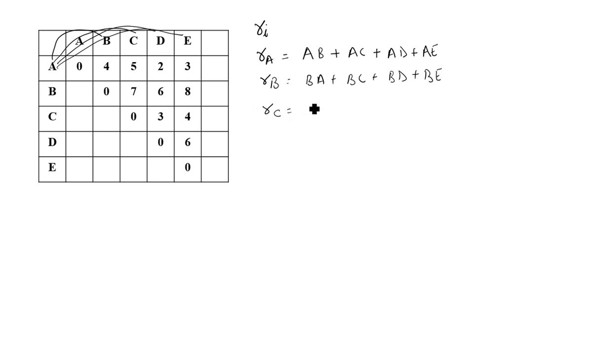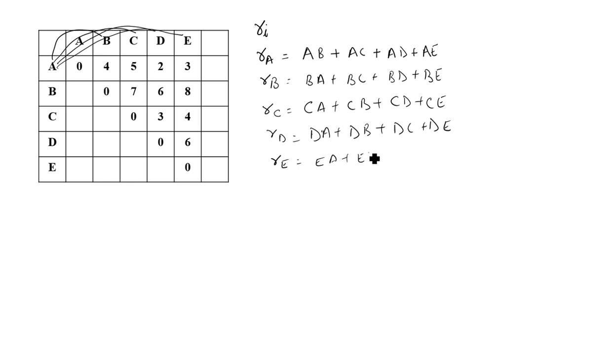Same for RC: CA, CB, CD, CE. For RD: DA, DB, DC, DE. Then RE: EA, EB, EC, ED. So this is the formula for R calculation.